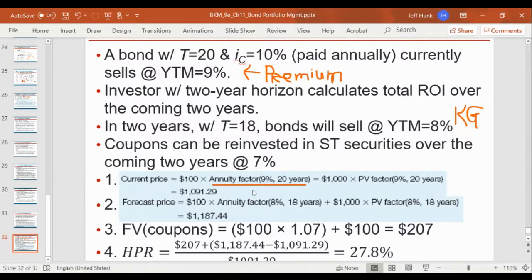This is the annuity factor of 9% for 20 years. If you use Excel's built-in function or a financial calculator, and these days you have a pretty good free app you can download.